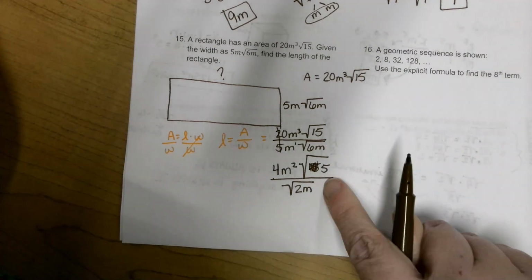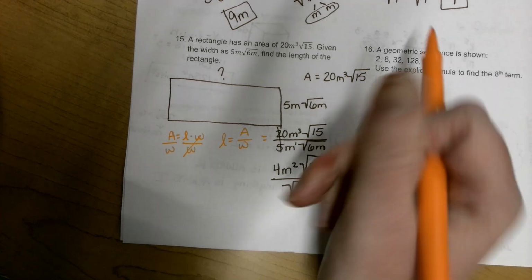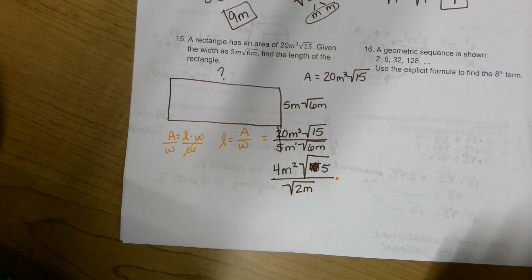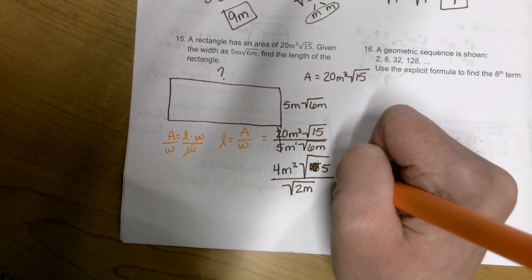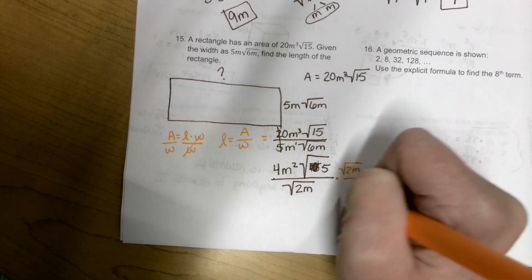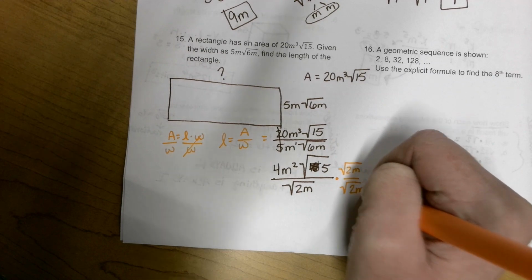Okay, so I have a radical on the bottom. Can't do that. So to cancel that out, you gotta multiply it by something that would make it rational. Now here, because we have a variable, the only thing I would do, I would just multiply by the radical itself. So we're going to multiply the numerator and denominator by the square root of 2m.